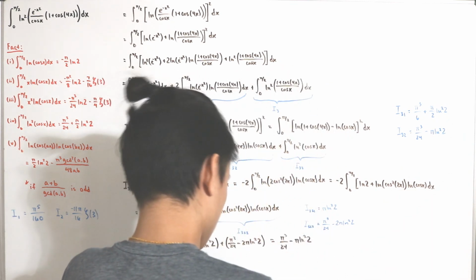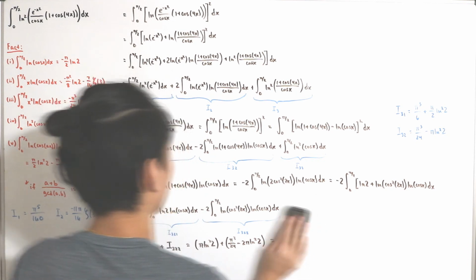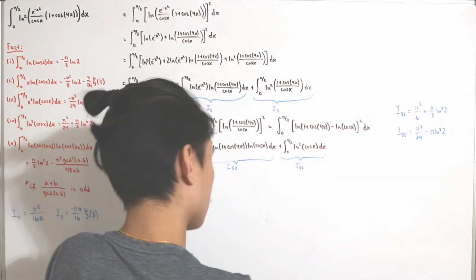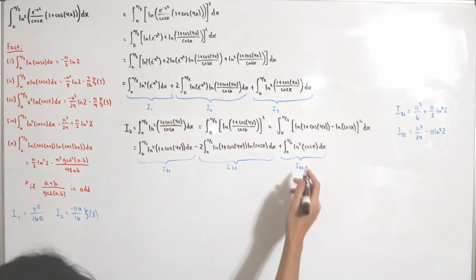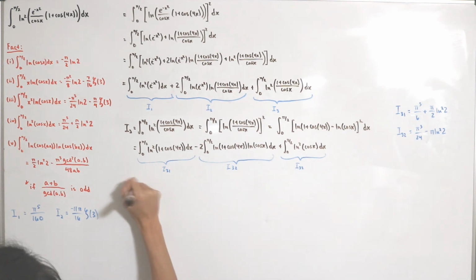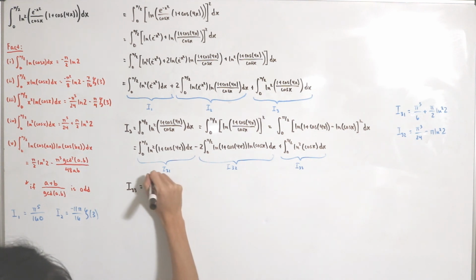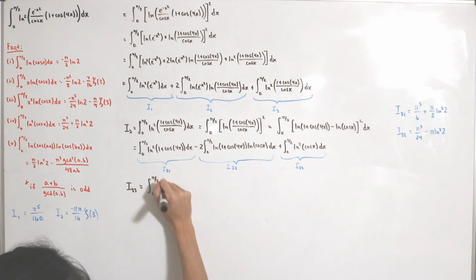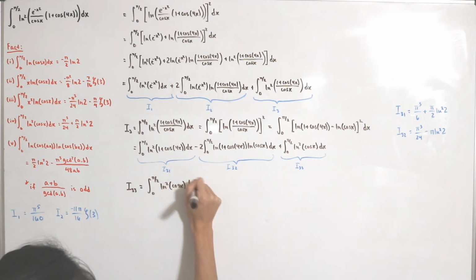Okay, now the last thing we have to solve is our I sub 3, 3. So I sub 3, 3 is equal to the integral from 0 to pi over 2 of ln squared of cosine x dx.